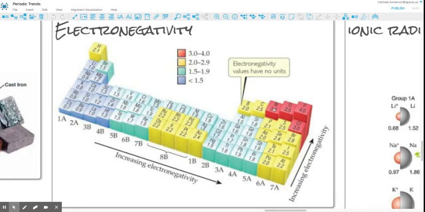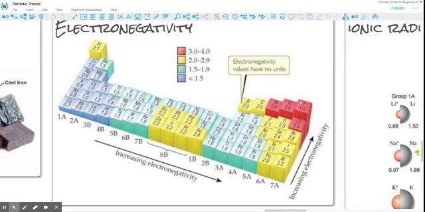Again, it becomes a measure of how strong that nucleus is. Notice that the elements with the highest electronegativity are the nonmetals, the elements that, generally speaking, have fewer electrons, but whose nuclei are large in comparison to the number of electrons they have. As we move down the group, the ability of the atoms to attract electrons in a bond becomes less.